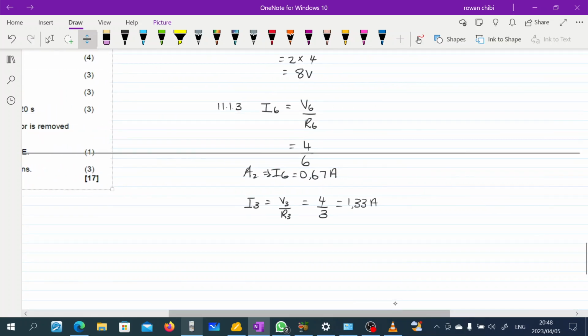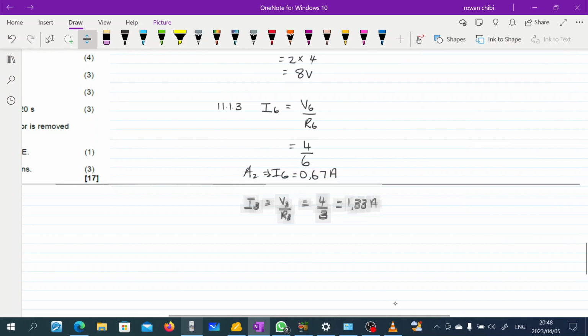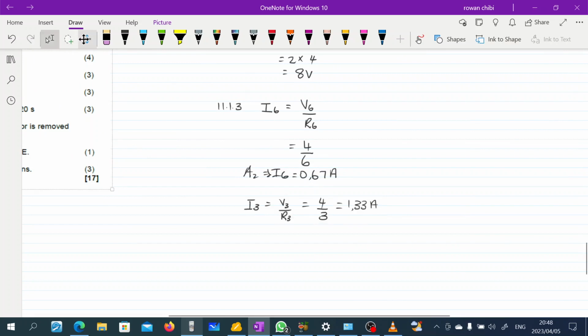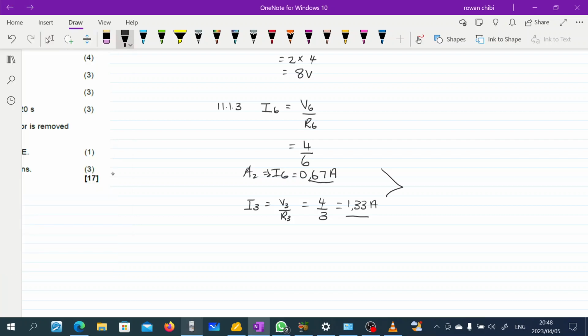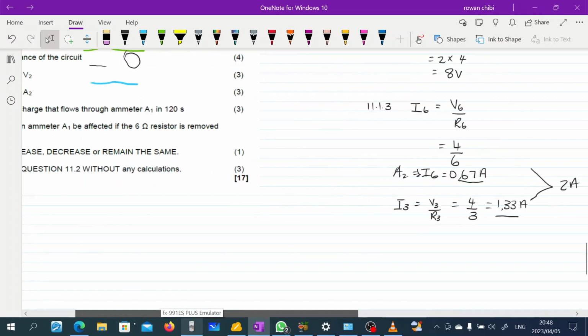If you add 0.67 and 1.33, 0.67 plus 1.33 is giving us 2. So when you add these two, it is still giving us 2 amps, because it means that the current was 2 before it was split.